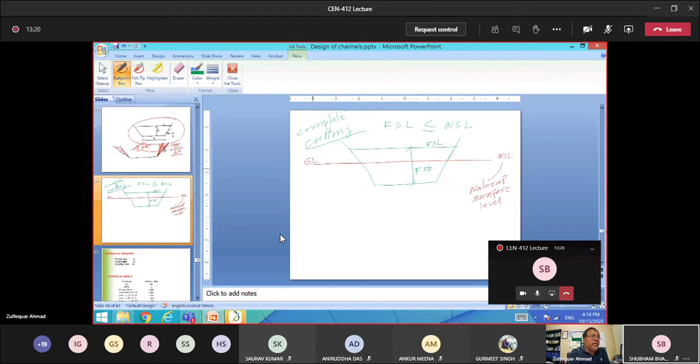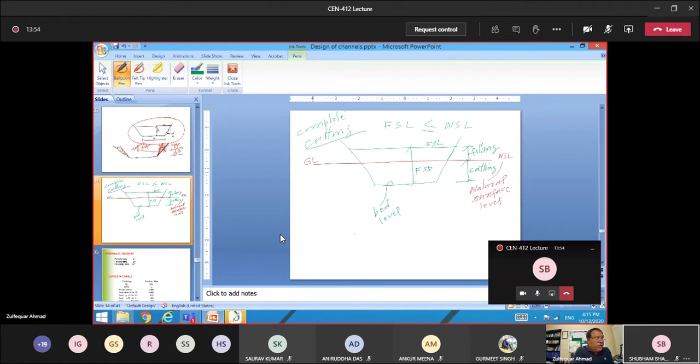So you can see here, this much part of the flow is above the NSL, I mean, this is in the filling, and this much is in cutting, right? So once the FSL is above the NSL, but this is the bed level of this canal.